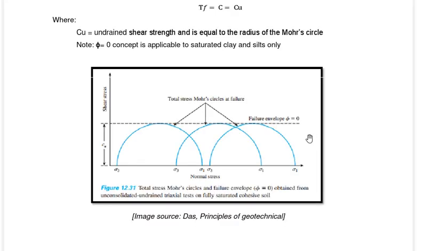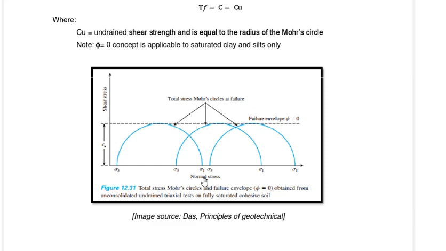So, the UU test is another total stress test. So, like the UC test, we do not measure pore pressure and we do not compute the effective stresses. So, the purpose of our UU test is to determine our undrained shear strength.